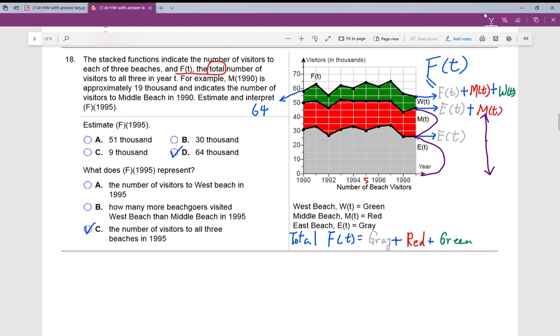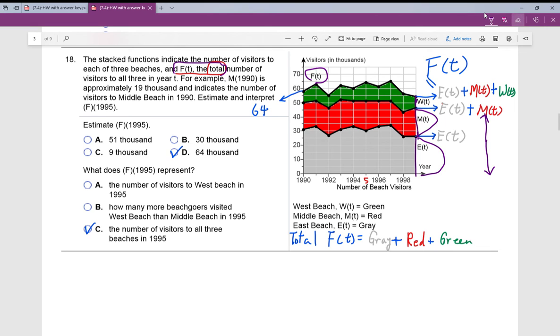And this function is not f. This function in the end is called f, but this function is not a w. W is only this big. So if you add e plus m plus w all together, we call it f. So f is the total.